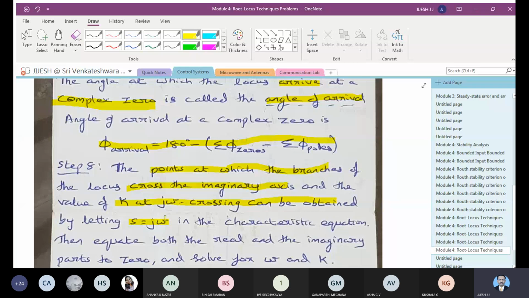If it is crossing the imaginary axis, the value of k at j omega crossing can be obtained by substituting s is equal to j omega in the characteristic equation.